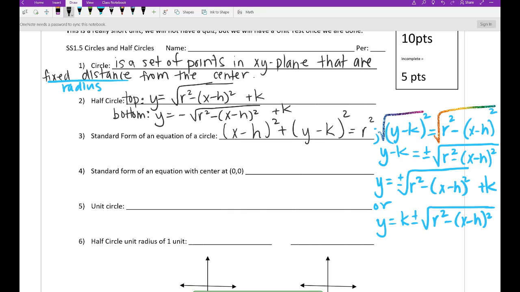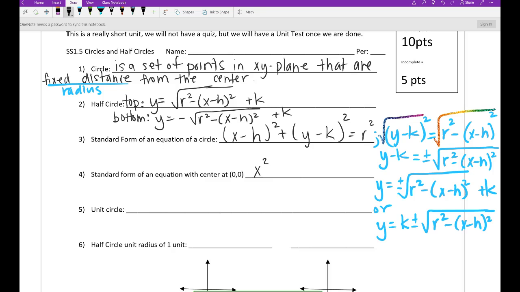Number 4, standard form of an equation with a center at 0, 0. What is that going to look like now? Center is now 0, 0. It's a lot simpler, right? Like that. And then in trig, we studied this thing called the unit circle. What equation is that?